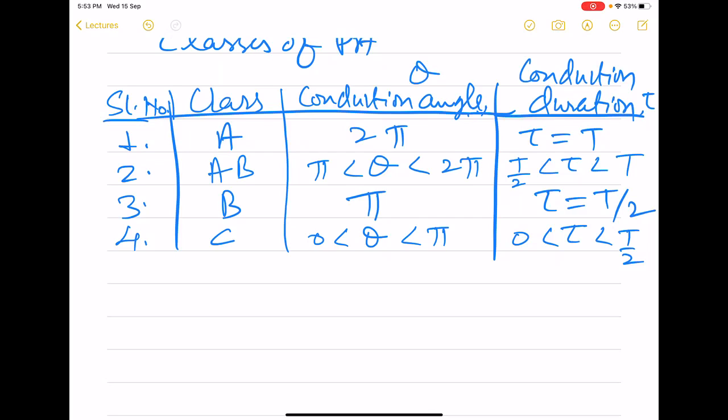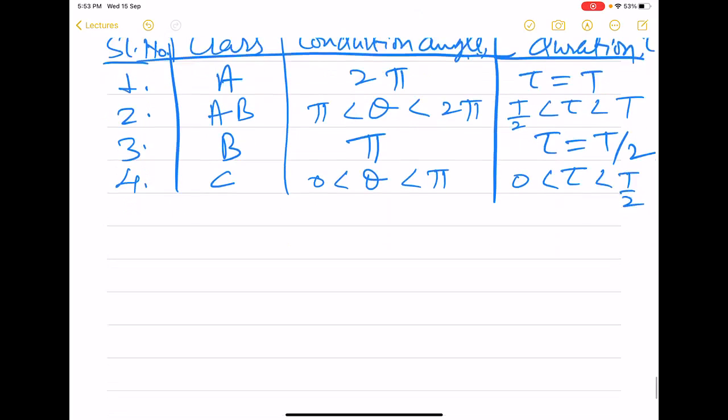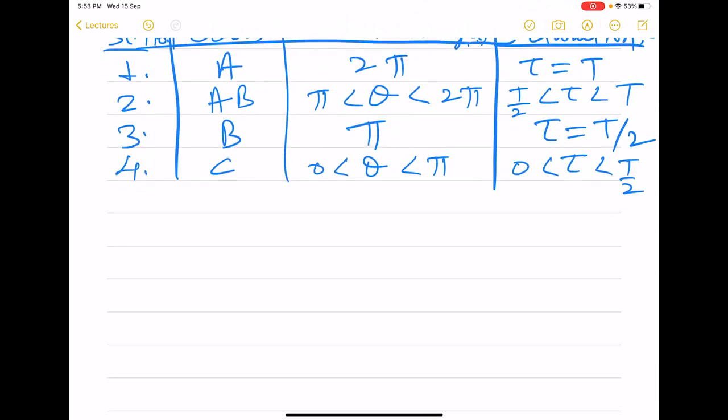So one question will arise: why do we have these four classes, why do we keep on decreasing the conduction angle starting from class A and finally to class C? What do we achieve, and is there any price that we pay? So the answer is that when we decrease the conduction angle, this, we will see, implies an increase in the drain efficiency, and this is desirable.